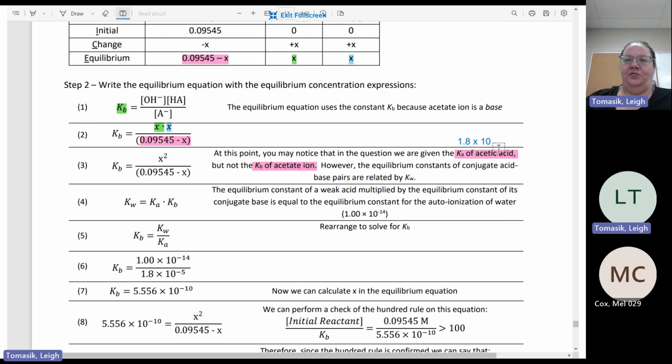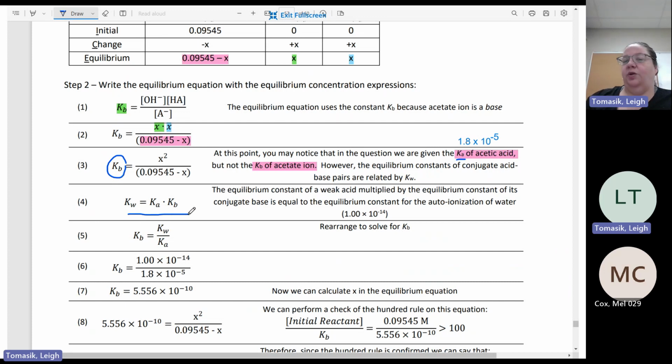I don't know if you've memorized it at 1.8 times 10 to the negative 5, but I sure have. But that's not the value that we can put here, because this is Ka and this is Kb, right? So we need to find Kb first so we can substitute it in and solve.